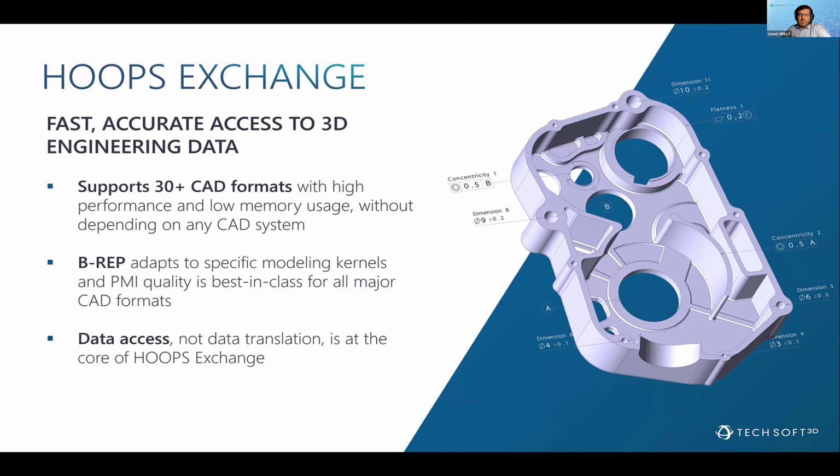The last point to mention is that the solutions our partners develop sometimes have modeling kernels like Parasolid, Open Cascade, and others. Of course, the data from Exchange must be readable by these modeling kernels, so Exchange comes with a set of advanced functions that can adapt the geometry so that it meets the requirements of these kernels.